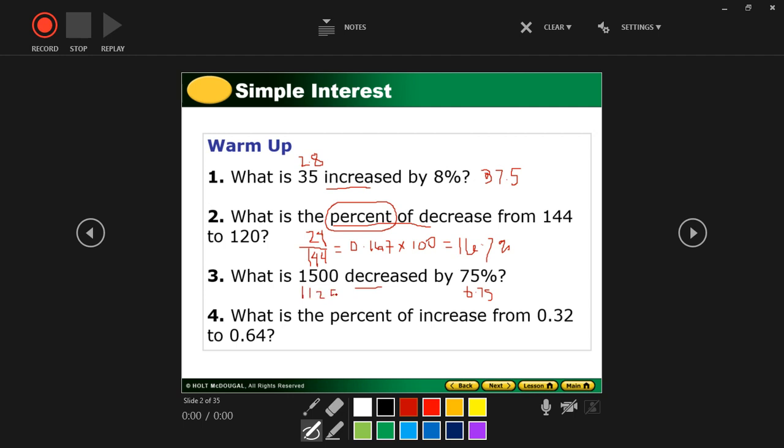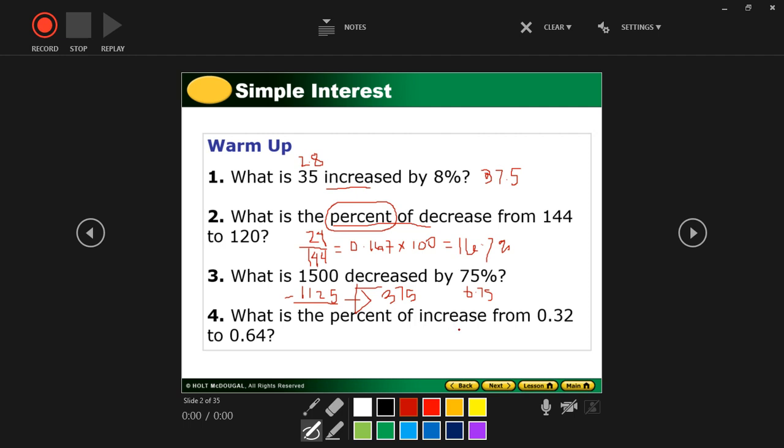So 75% of 1,500 is 1,125. If you are to subtract that, the result will be 375. So if we take 75% away from 1,500, what remains is 375.